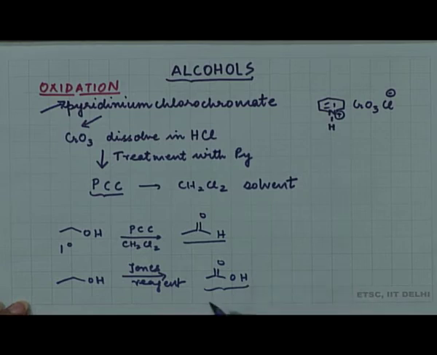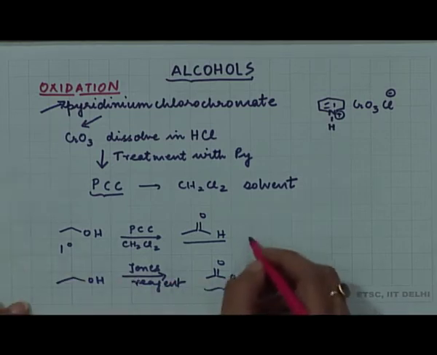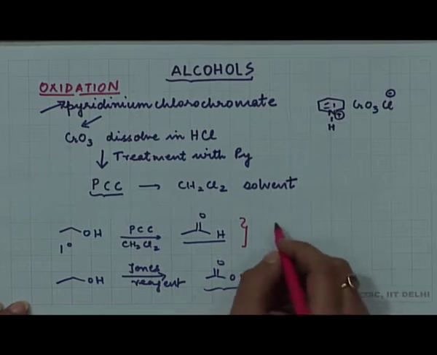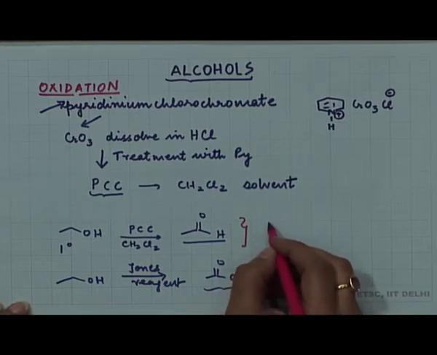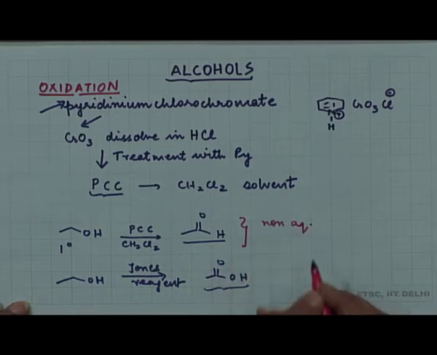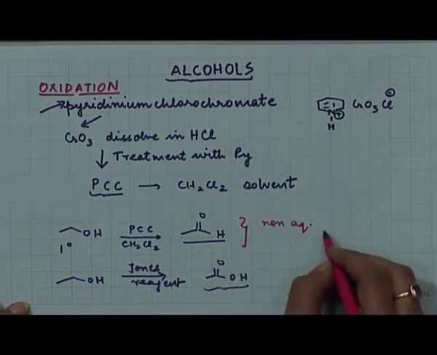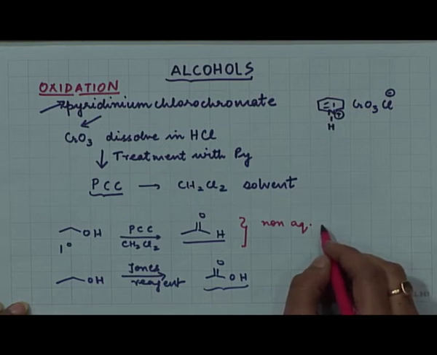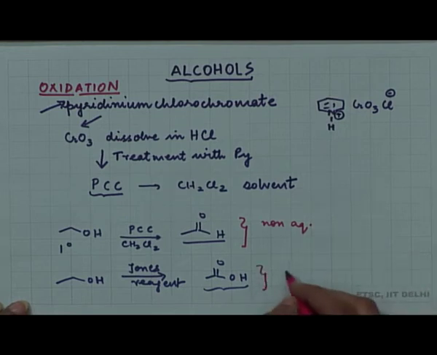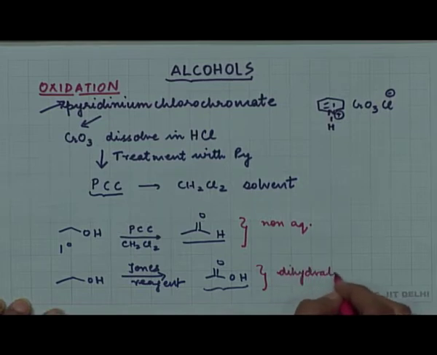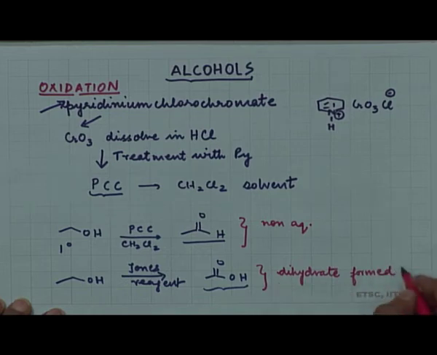Now, if you recollect, what is so special about pyridinium chlorochromate which prevents the further oxidation? As you can see here, the conditions which we are using are non-aqueous. The reason why the aldehyde was changing into acid with the other chromium reagents was that in these cases there was a dihydrate formed from the aldehyde under aqueous conditions.